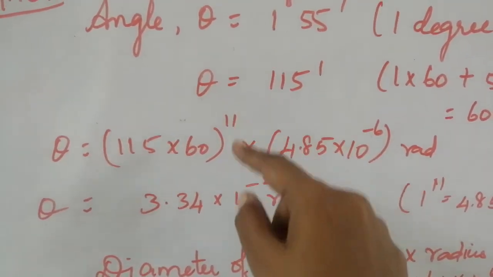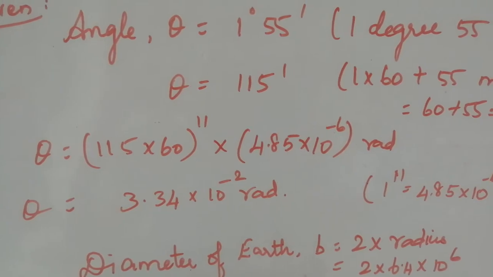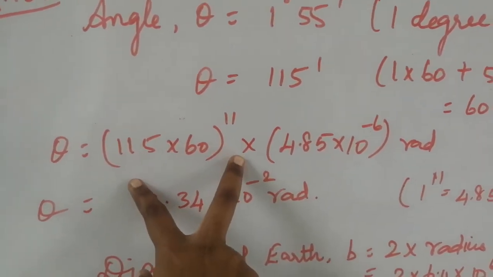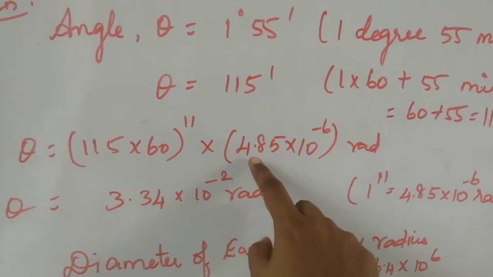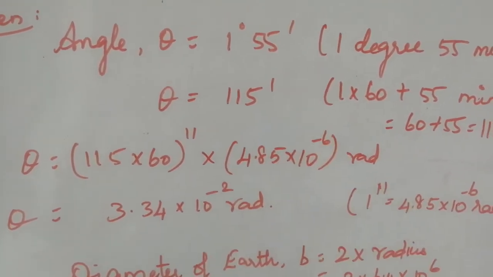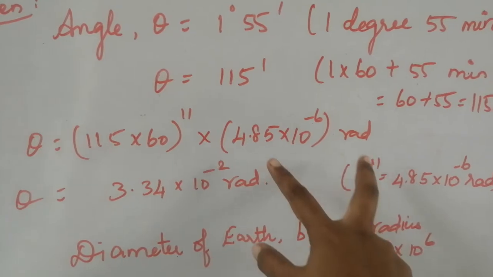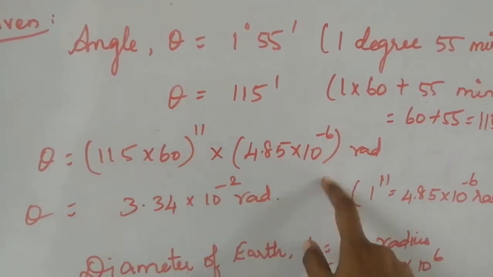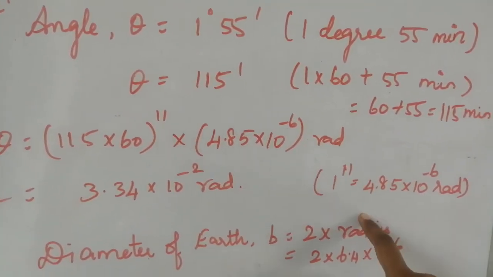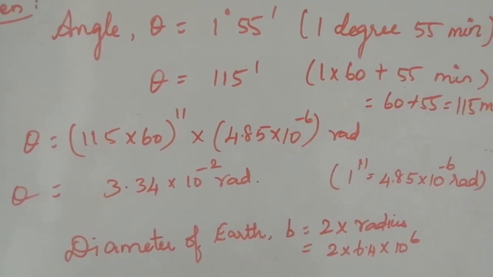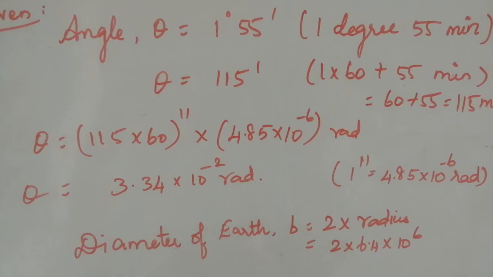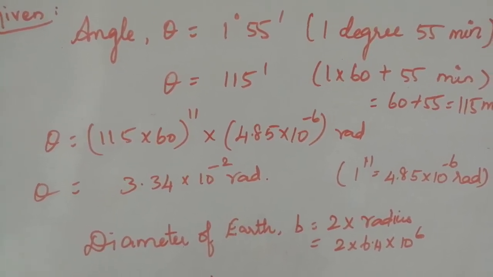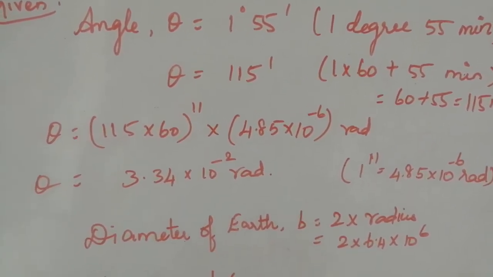The double dash here denotes seconds. To convert seconds into radians, I have to multiply this term by 4.85 × 10^-6 radians. See, 1 second is equal to 4.85 × 10^-6 radian. This is how we convert degrees into minutes, minutes into seconds, and then seconds into radians.